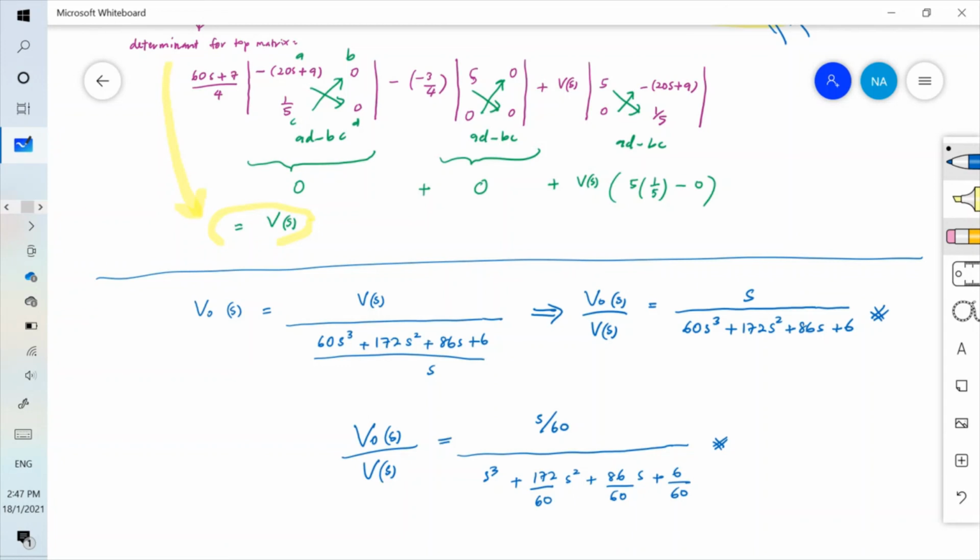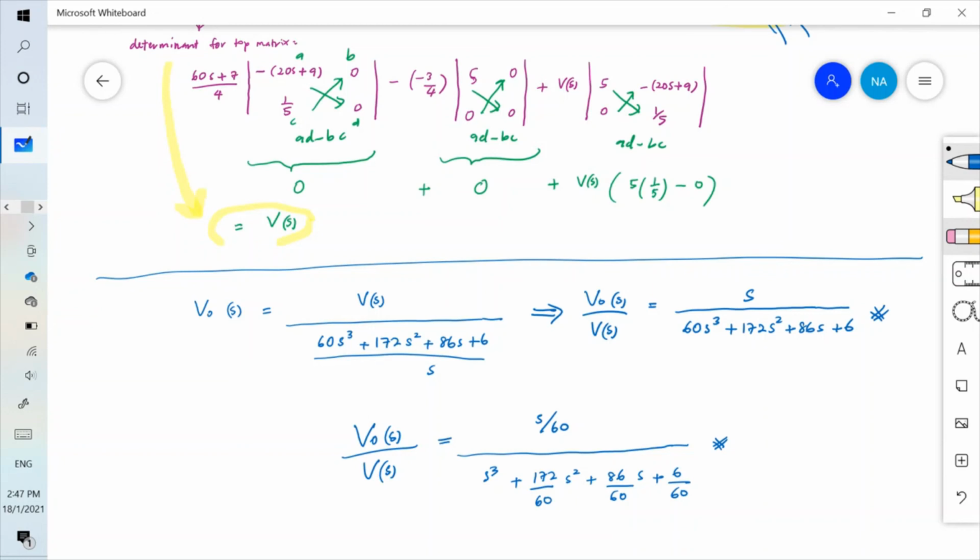So you can write down your final answer as V naught S over Vs equals S over 60 s cubed plus 172 s squared plus 86 s plus 6. Or you can also reduce the 60 s cubed to just s cubed.